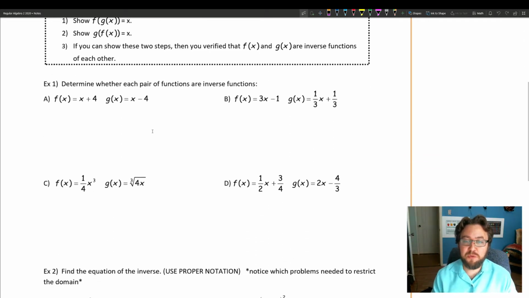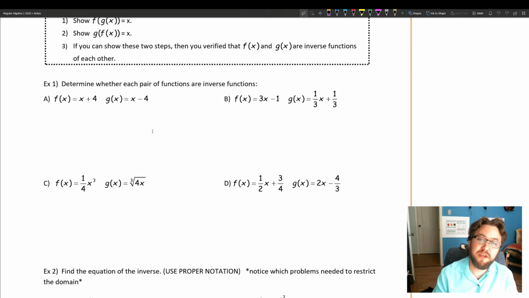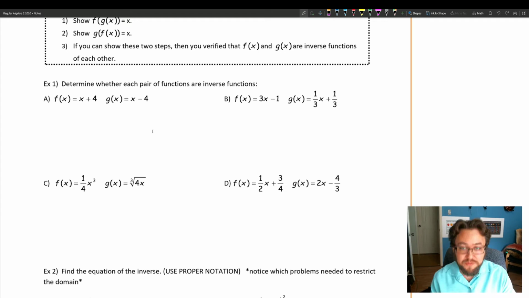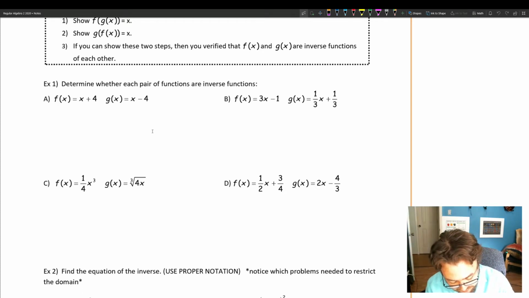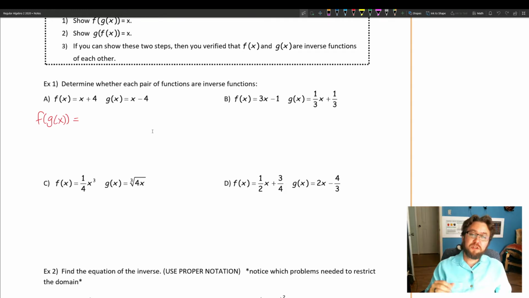Let's look at example number 1 here. We have f of x is x plus 4, and g of x is x minus 4. The first thing I'm going to do here is f of g of x. I'm going to take my f of x equation and replace the x with whatever g of x says.